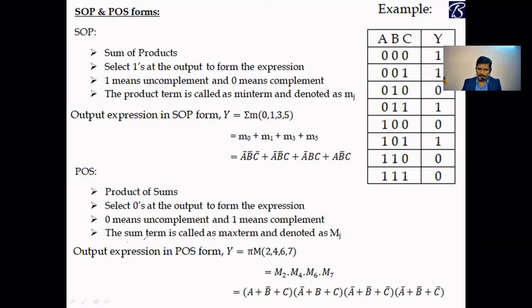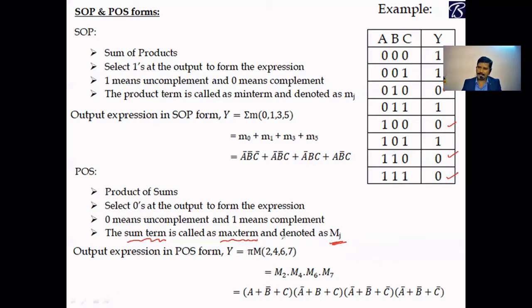Sum terms can be called max terms and denoted as capital M suffix j. So the output expression in POS form is y equal to pi M of 2, 4, 6, 7. Consider zeros 2, 4, 6, 7.